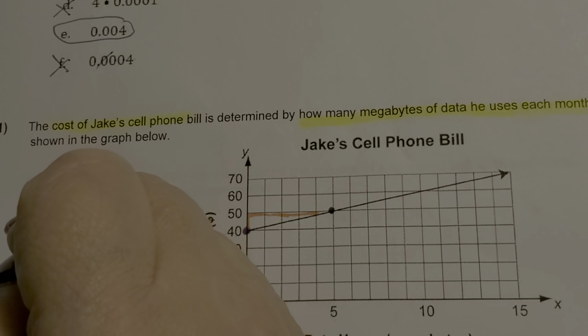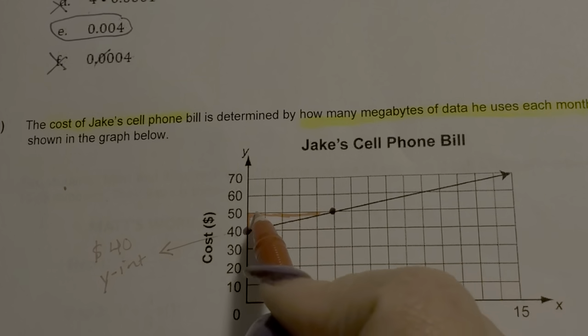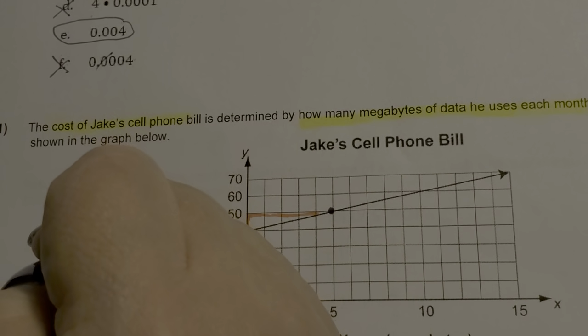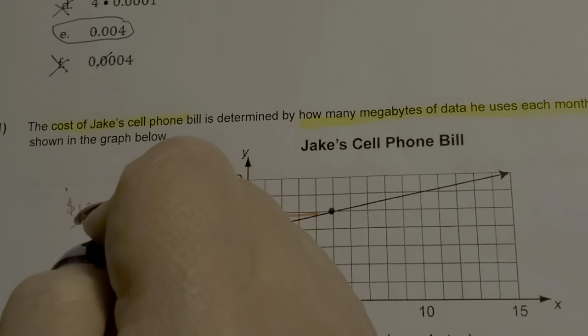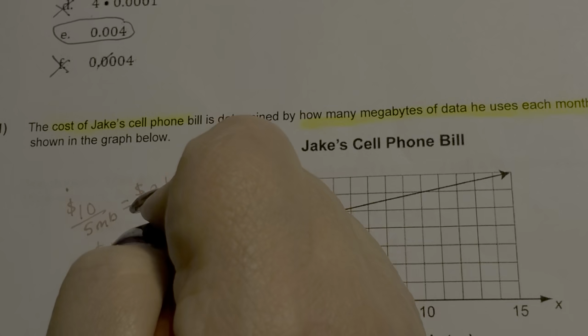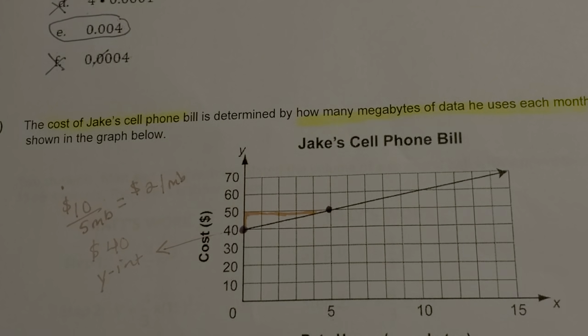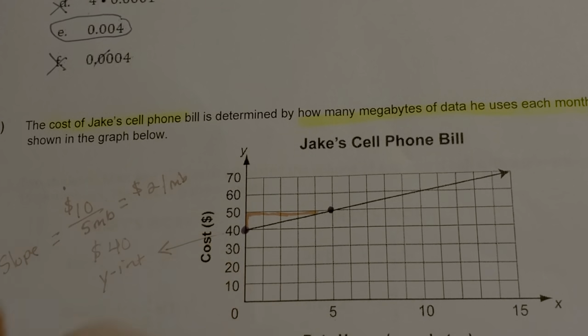So we've got the increase of 10 from 40 to 50 over 5, $10 for 5 megabytes, which gives me $2 per megabyte of data, which actually is my slope or rate of change.